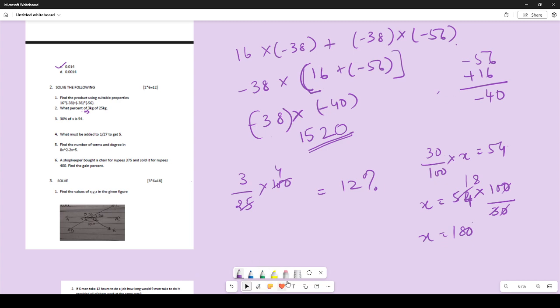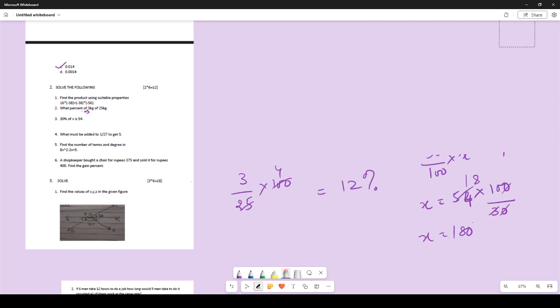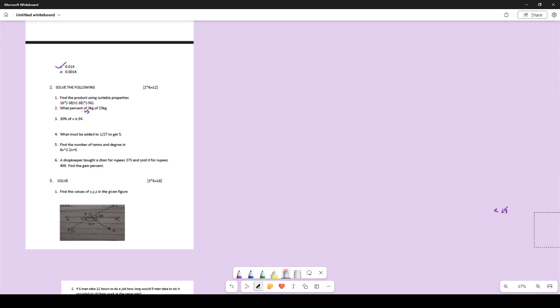Now let us move on to the next question. But before that, let me erase all this so that we get a clean board once again. Okay. Now, so what must be added? Now see very carefully. The question says added to 1 by 27 to get 5.